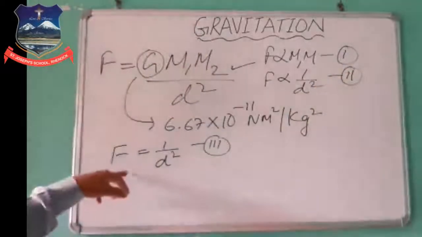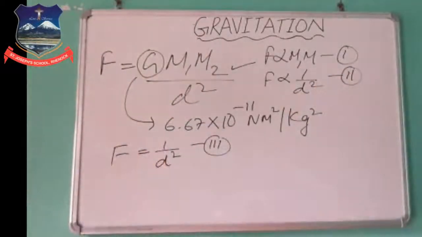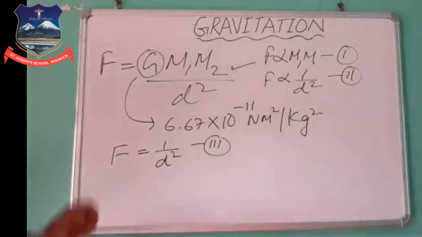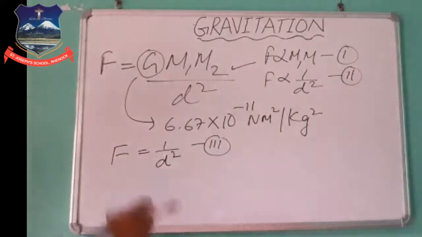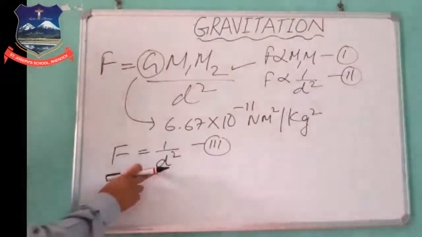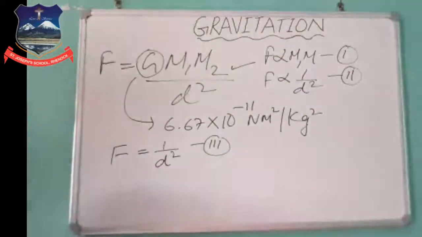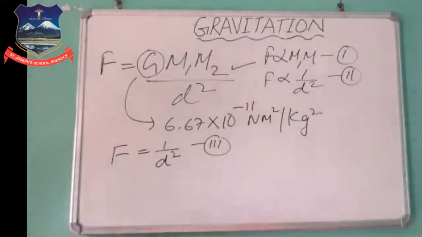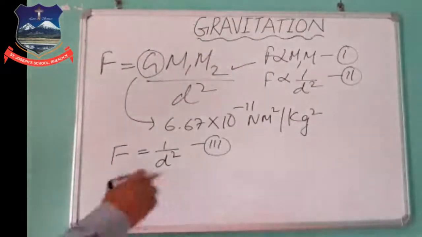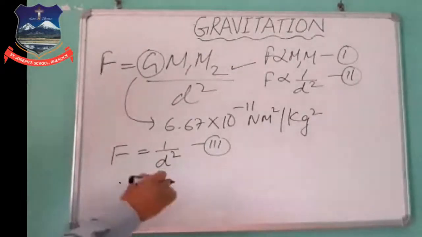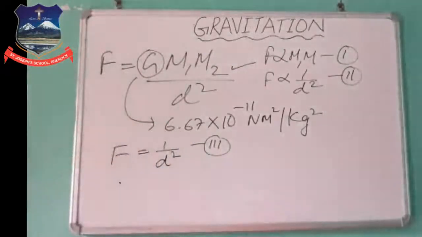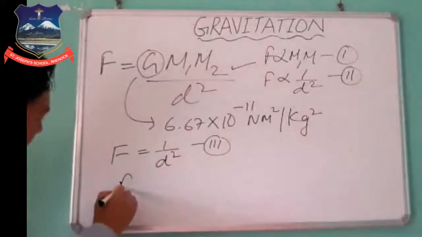Now F equals 1 upon d square, make this equation 3. Now take that d, and let the value of d be doubled. If the distance is doubled, what can I write here?